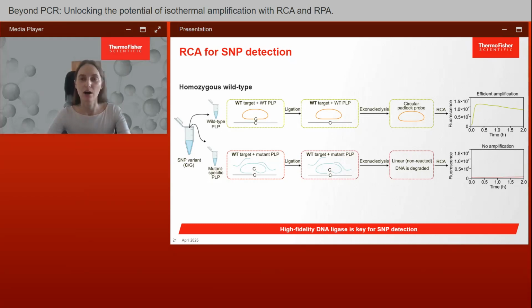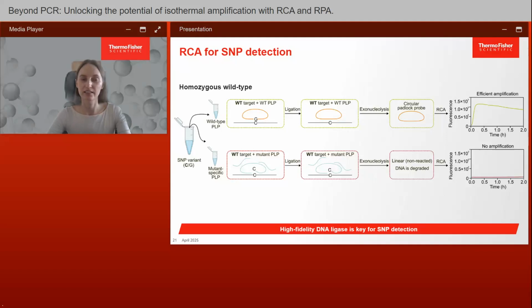Imagine the sample is homozygous wild-type. This means that the wild-type specific padlock probe will be fully complementary and anneal to the target sequence, forming an open circular structure. Because the ends are perfectly matched with the target, DNA ligase joins these ends into a closed circle.